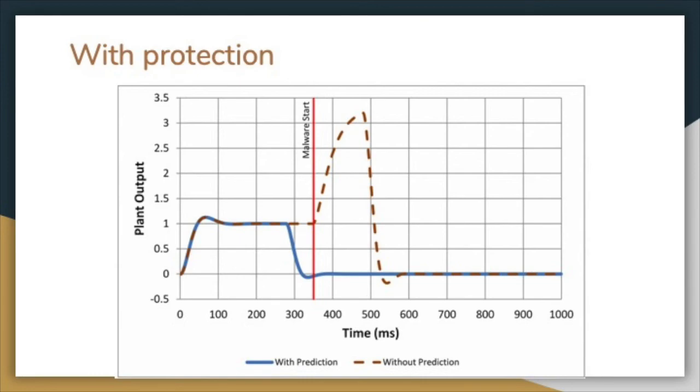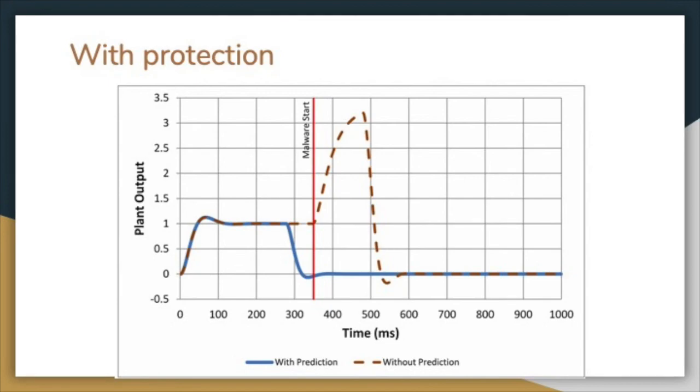The brown dotted line in this graph shows the plant behavior when only the hardware monitor feature is enabled. So we can see that the plant approaches its safe limit of 3.2 before the backup controller kicks in. So basically the backup controller brings the plant output back down to stable levels.